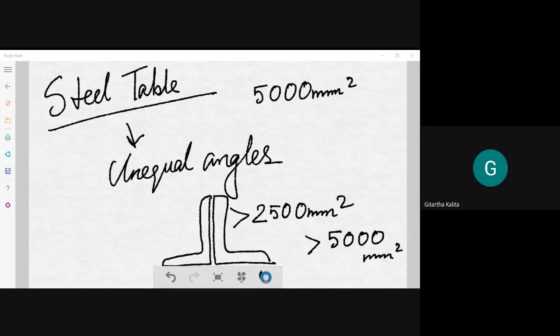So find one angle whose area is greater than 2500, and please tell me what angle section you have selected over microphone. I will be waiting. Anyone? Take a minute, one or two minutes.